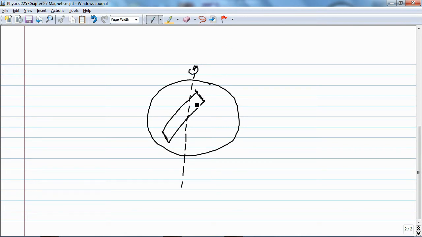And that angle is called declination. And the angle at which the magnetic field exits or enters the Earth's surface is called dip.